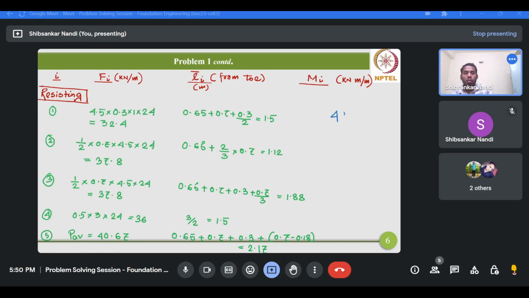Then 37.8 multiplied by 1.12, that means 42.3. Then 37.8 multiplied by 1.88, it is 71.1. Then 36 multiplied by 1.5, 54. And finally 40.67 into 2.17, that is 88.3.